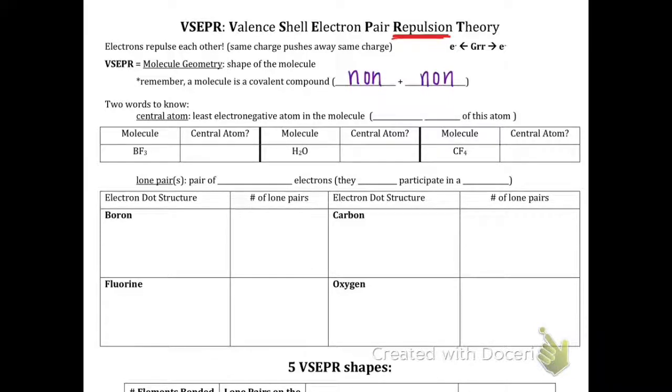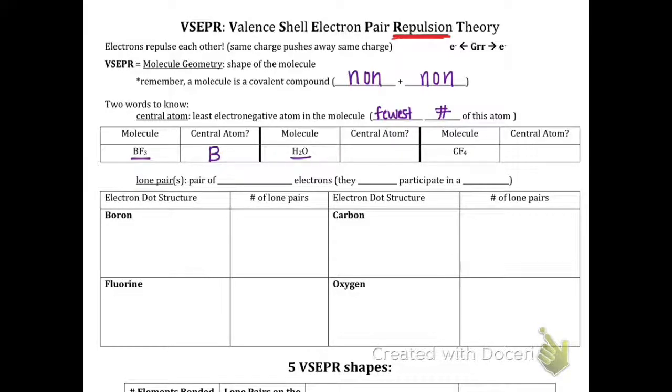Basically, in easy terms, the fewest number of this atom is usually the central atom. So for instance, if you have BF3, you have 1 boron and 3 fluorines, then boron is going to be in the middle, central.